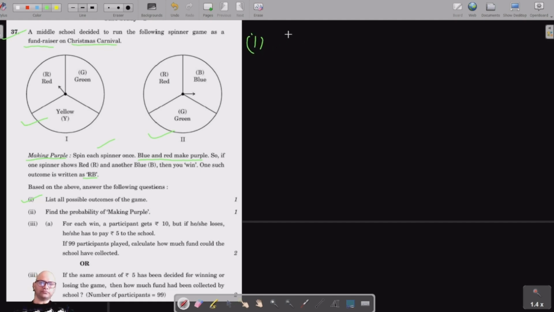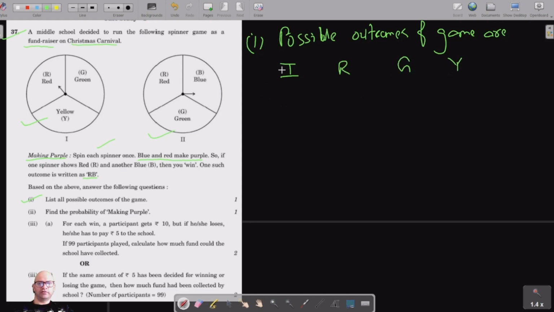So the possible outcomes of the game are: let's say this is the first spinner which has red, green, and yellow regions, and then the second spinner which has red, blue, and green regions.